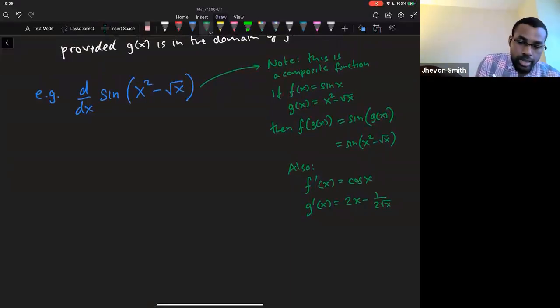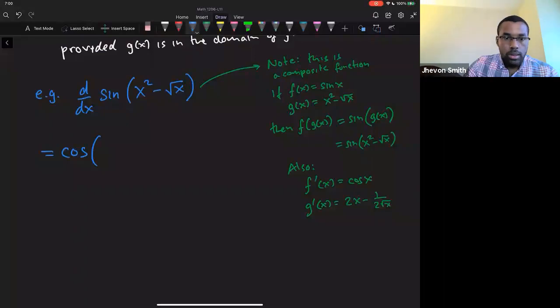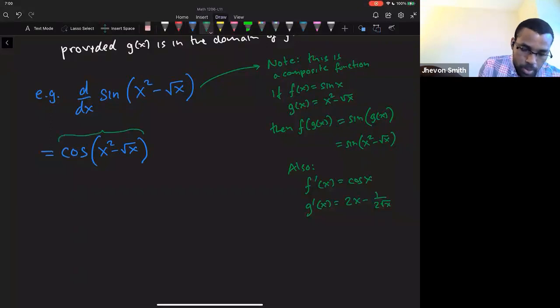So this says the derivative of this is going to be the derivative of the outside. The outside is a sine function. So it's cosine, leaving the inside alone at first. So that's the first part. This is like your f prime of g of x.